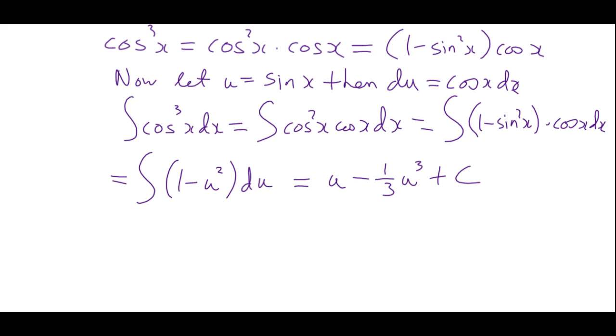And at this point, we resubstitute, right? So we say, well, this wasn't all about u, it was about cos. And u, well, that's sine x, so it's sine x minus 1/3 sine cubed x plus c. Okay, so we're using trig identities here.